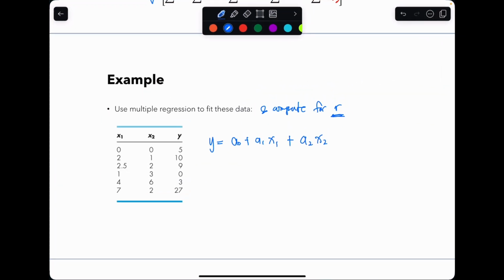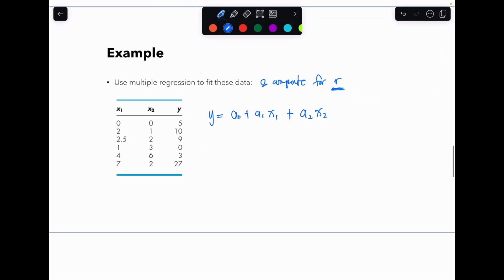And as I've mentioned, to compute for a sub 0, a sub 1, and a sub 2, what I want would be the n, and then the summation of x sub 1i, and then the summation of x sub 2i. The same is true with this one. So I'll have the summation of x sub 1i and the summation of x sub 2i.